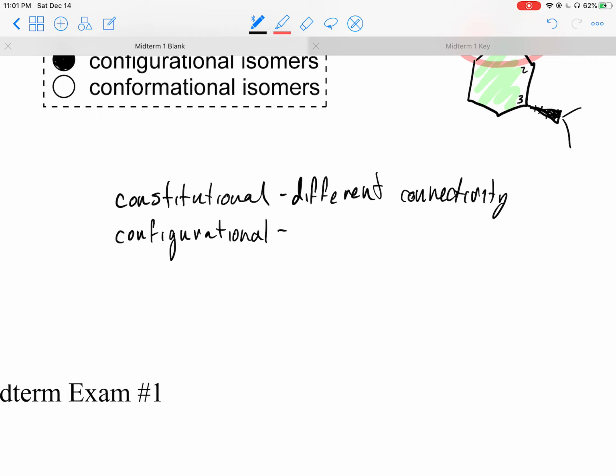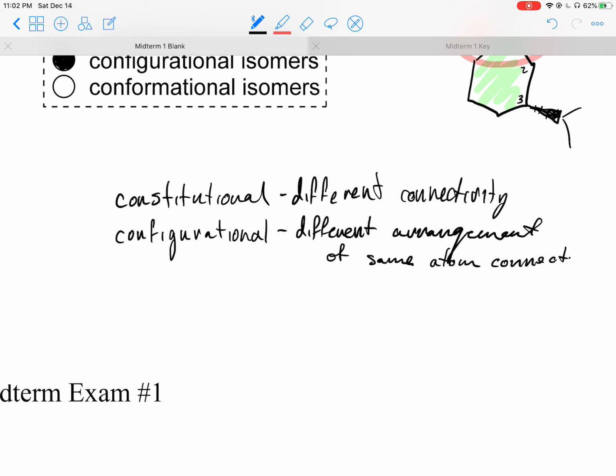Configurational means it's still connected to the same atoms, but it's a different arrangement of the same atom connections. I don't know if that really makes sense, but you know, getting the idea across.